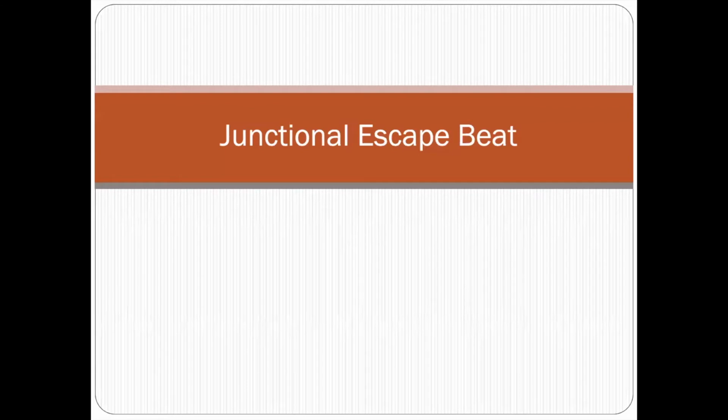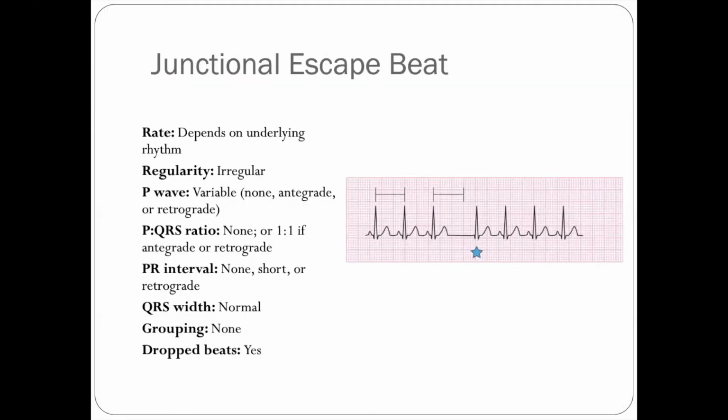Junctional escape beats, again, an escape beat is one that comes after. So a junctional escape beat, anytime you have a blank spot, that could be because of a sinus block or a sinus pause. And then the junction is what comes back first before anything else happens. So that junctional beat that came back is the AV node trying to prevent the heart from going into cardiac standstill.